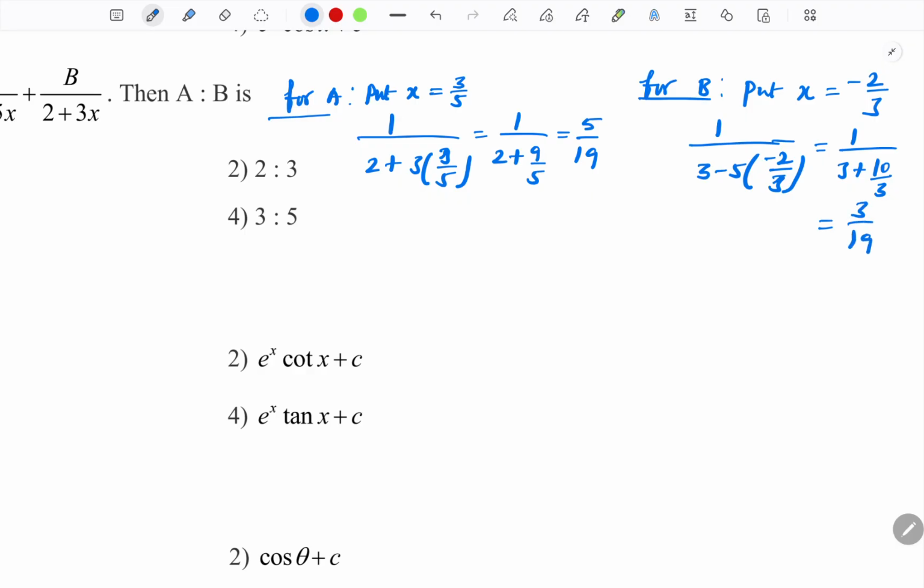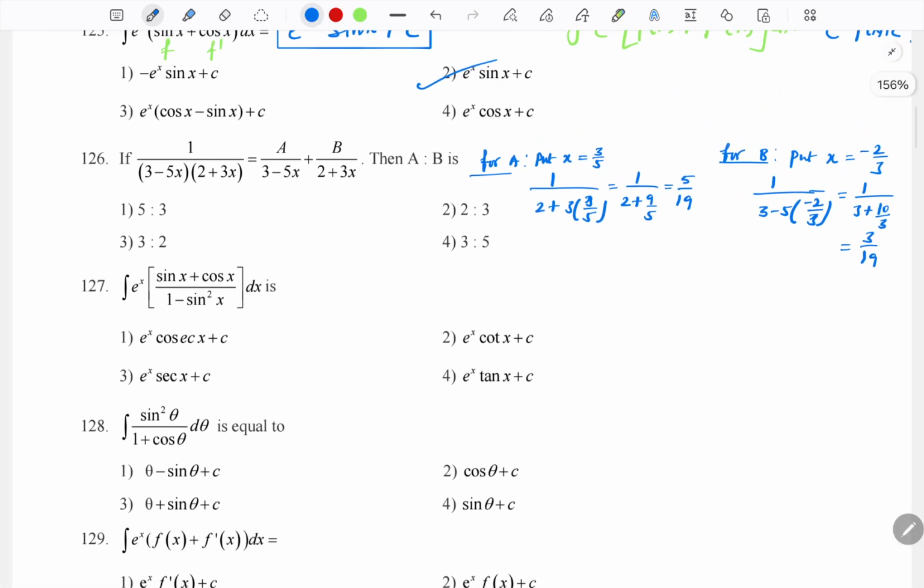Fine. Now we need to find a is to b, right? So what is my a value here? It is 5 by 19, and this is the b value, 3 by 19. Now a is to b is nothing but a by b.